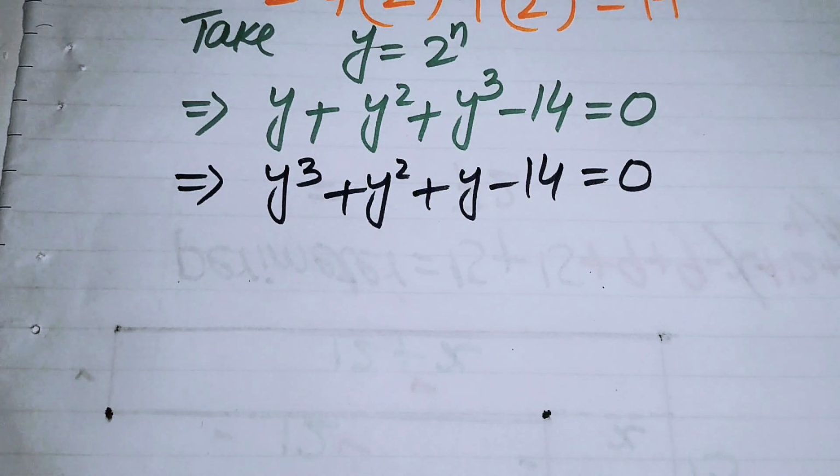Now we solve it, and you know that we have different methods to solve a cubic equation. One method is to use synthetic division and make the factors of this equation. Here we make the factors by a unique method.